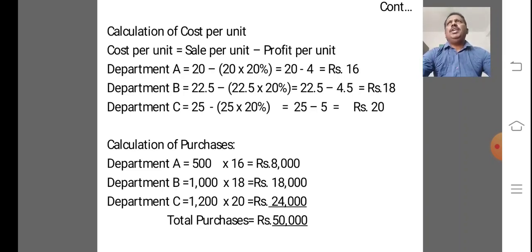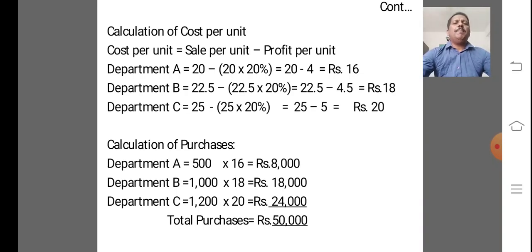In Department A, 20 minus 20 into 20% is 20 minus 4 is rupees 16. In Department B, 22.5 minus 22.5 into 20% is 22.5 minus 4.5 is rupees 18. In Department C, 25 minus 5 is rupees 20.